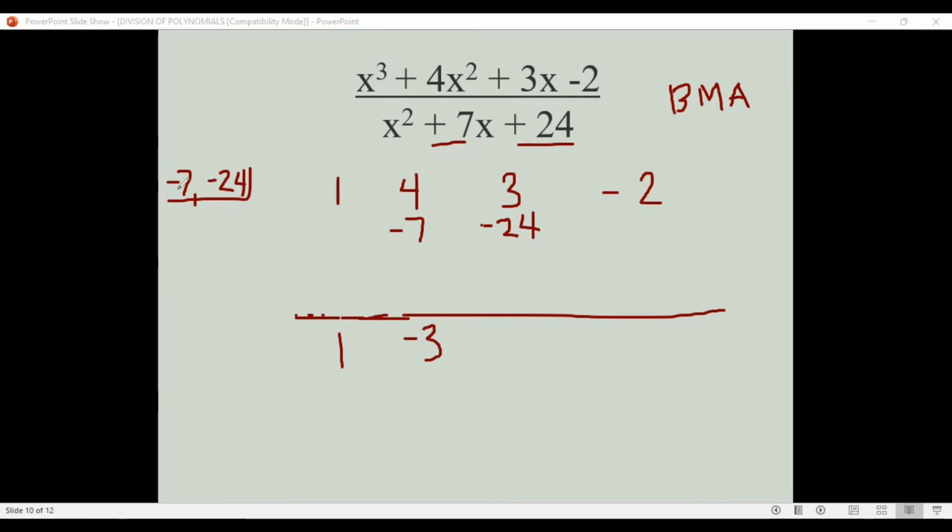Multiplying now your negative 3 with the negative 7, what's the answer? Positive 21. And we have 24 with the negative 3.